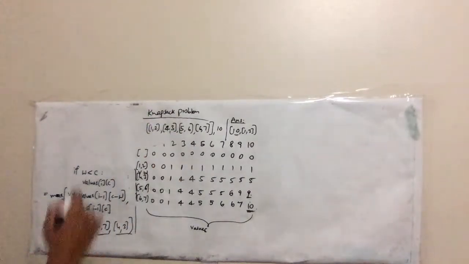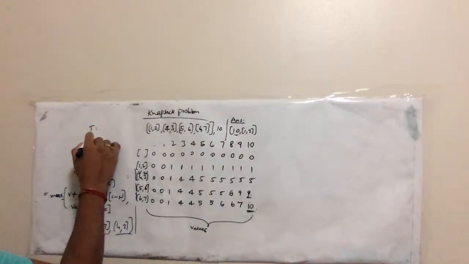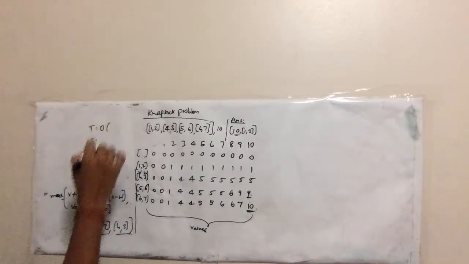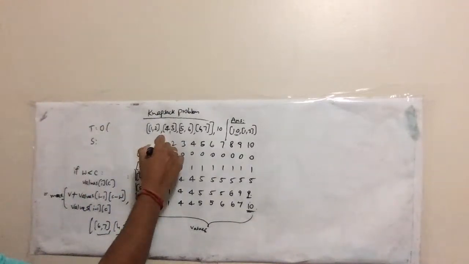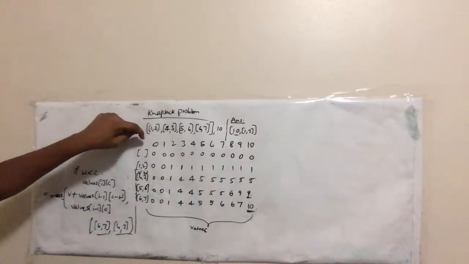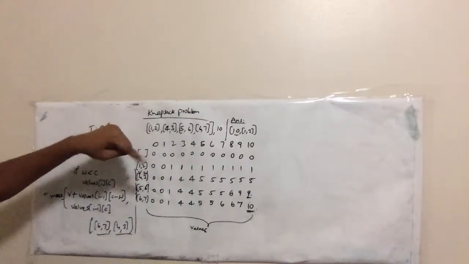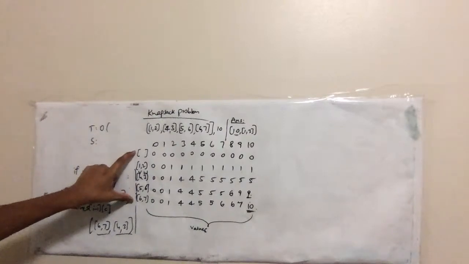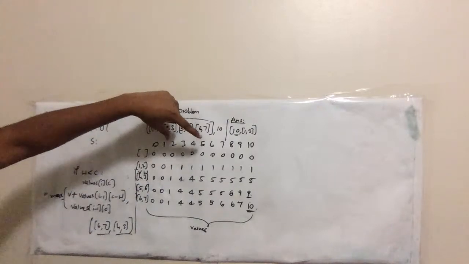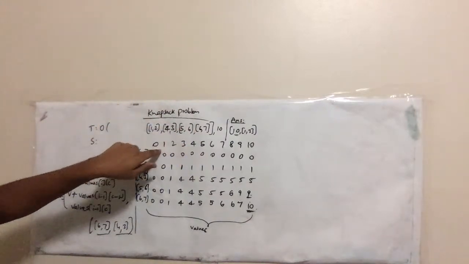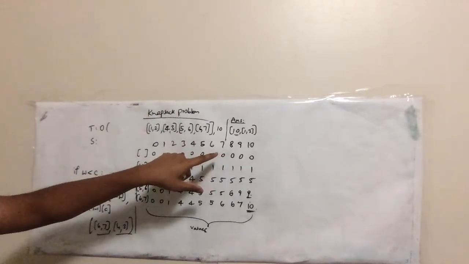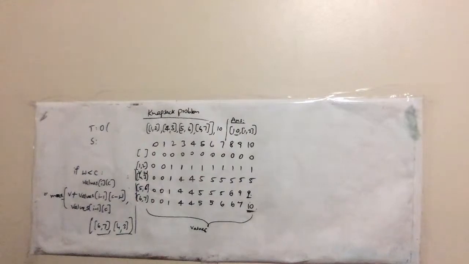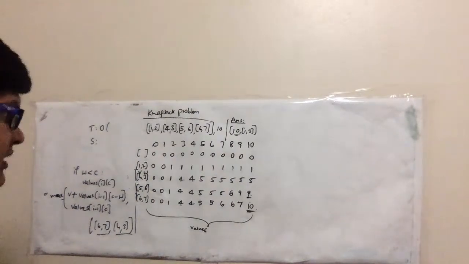Now we will talk about the time and space complexities. What is happening? We are iterating through every row, which is of length equal to the length of the given items, and we are iterating 1 plus capacity times, which we can approximate as capacity.